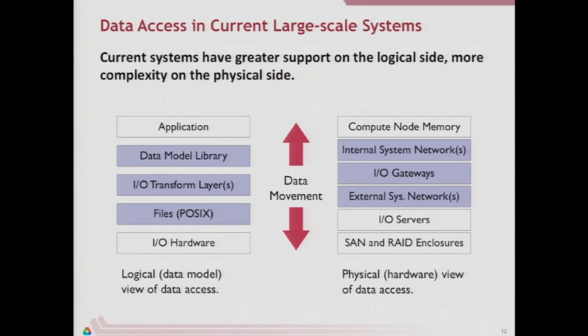How is it laid out in memory, and how are we going to move that data effectively from compute node memory through this complex collection of connections in these systems out to a storage system that behaves a particular way? On the left-hand side, we're going to be thinking about how we describe things, typically. And on the right-hand side, we're going to be thinking about what are the ways that we can move things quickly?